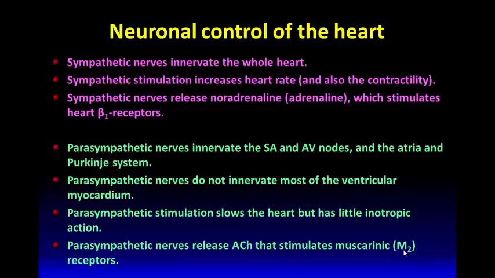But since we are describing the influence of sympathetic and parasympathetic stimulation on the heart rate, we shall just focus on the beta-1 adrenergic receptors and the M2 muscarinic receptors, which are located on the sinoatrial nodal cells.